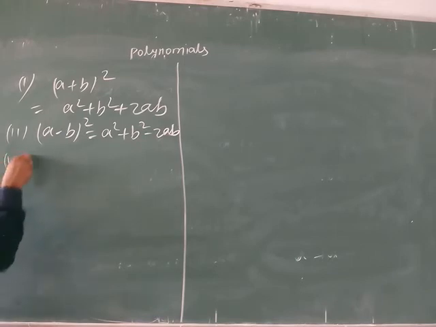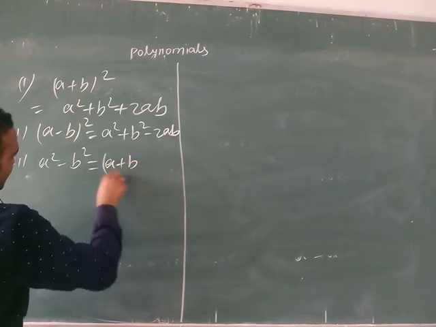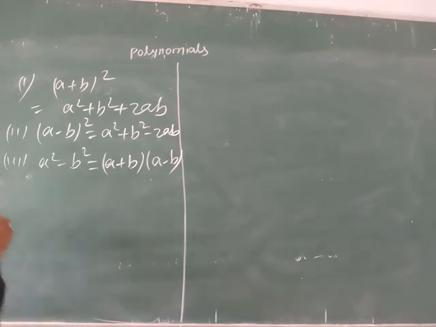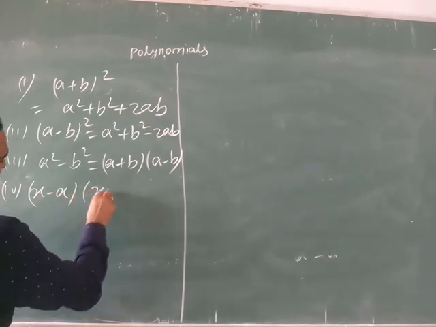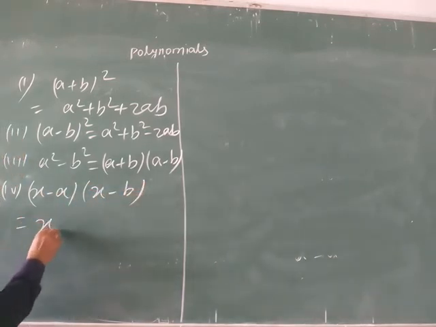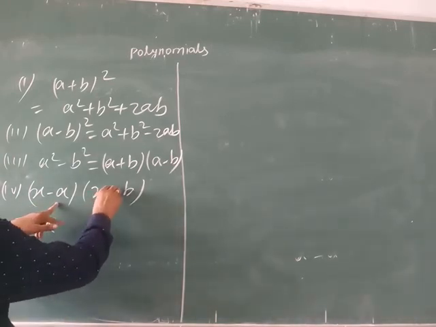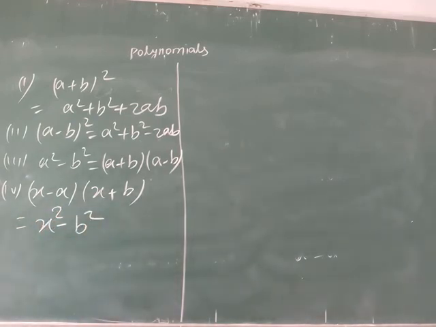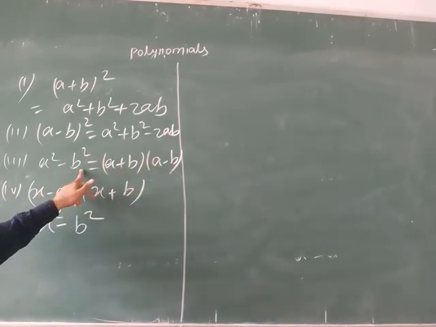Next, a square minus b square equals (a plus b)(a minus b). Next, (x plus a)(x minus b), x square minus b square.